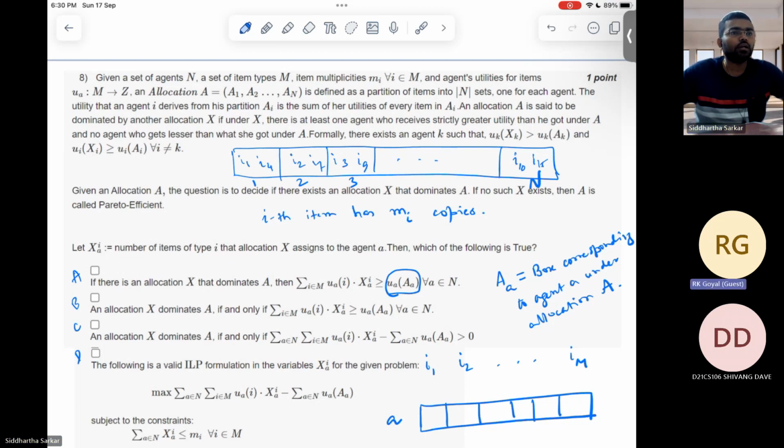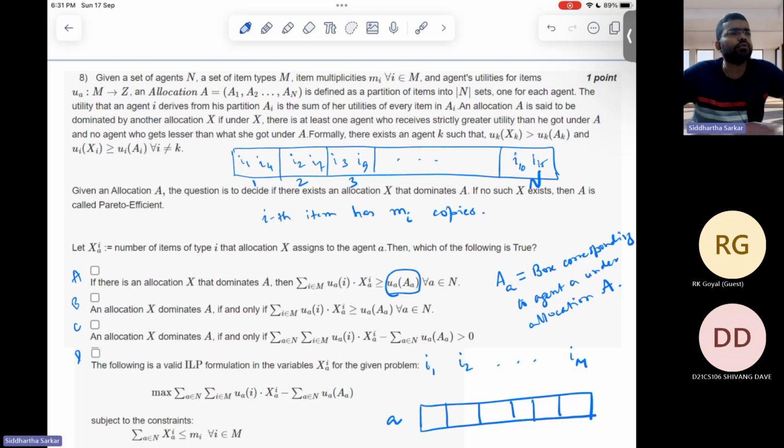Is that correct? Because equality is a part of this inequality, it is quite possible that the allocation X could be as good as the allocation A is, and may not be strictly better in some sense. Therefore, this statement cannot be true.